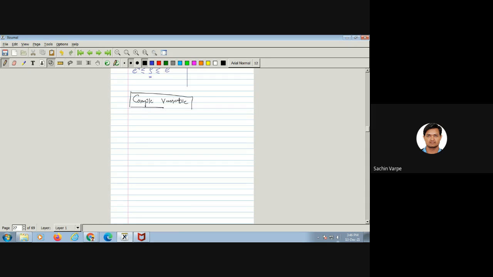The first one is analytic function: the necessary and sufficient conditions for an analytic function, and examples using the Milne-Thomson method to get the analytic function if the real part or imaginary part is given. Then the next important part from the last unit is complex integration.